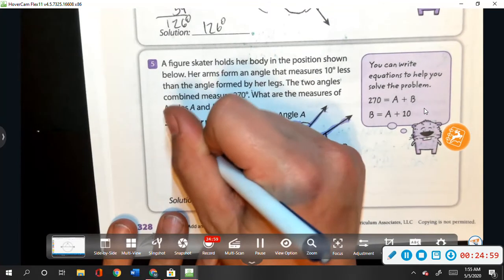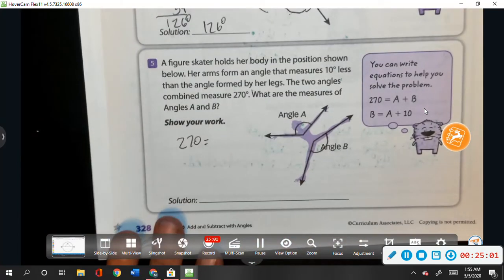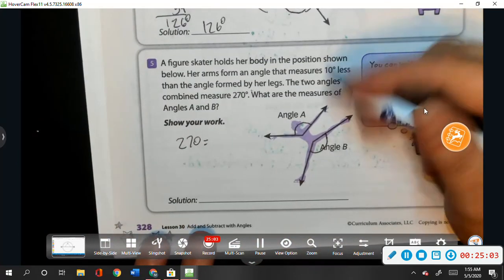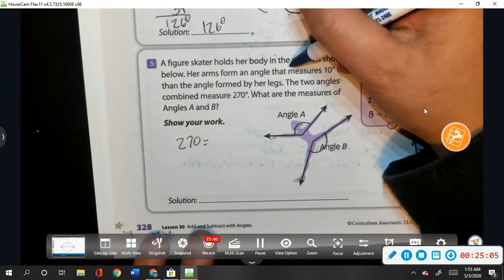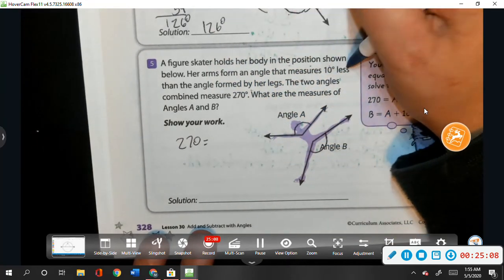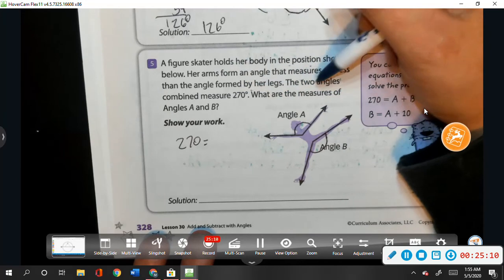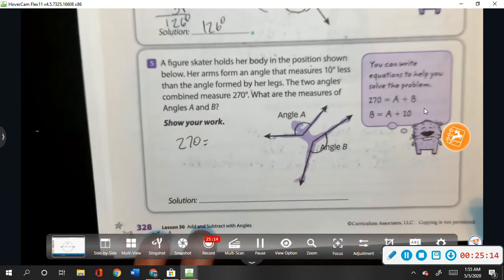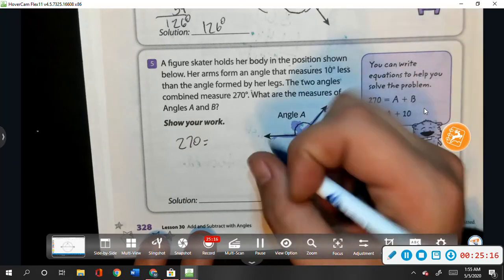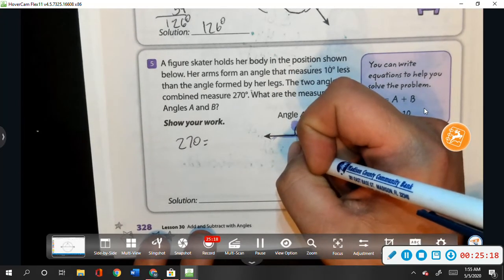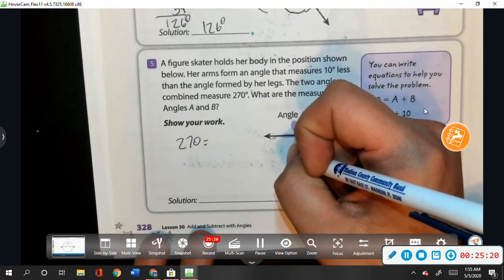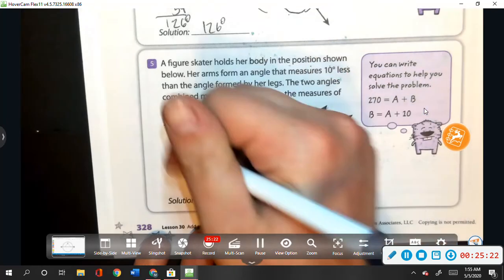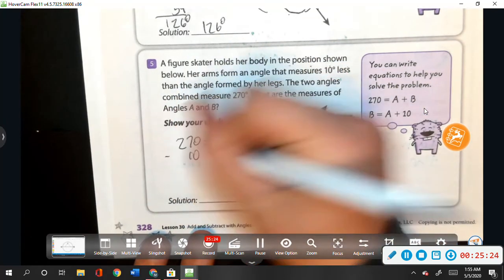270 altogether. We know that her arms form an angle that is 10 degrees less. And we know that the two angles combined measure 270. And so if we have 270, we're going to go ahead and take that 10 out of there.